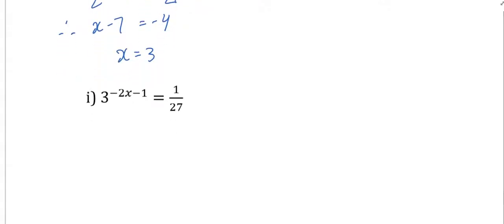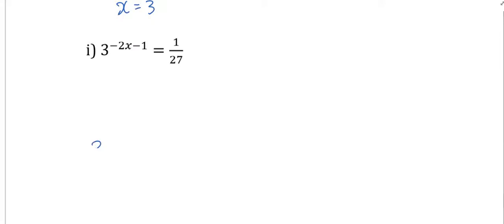Okay, one more. How do I write 1 over 27 as a power of 3? 3 cubed. It's 3 cubed, and because it's in the exponent, what do we need to add to that? Pearson, what do you think? A negative. So you can show the work if you want, or you could go straight to 3 to the negative 2x minus 1 equals 3 to the negative 3.